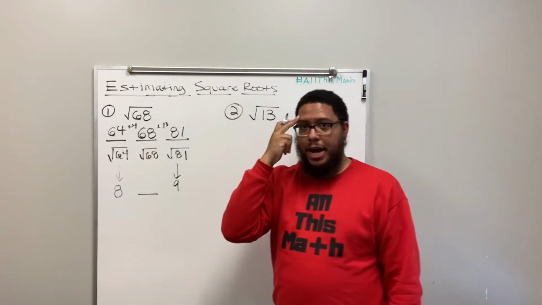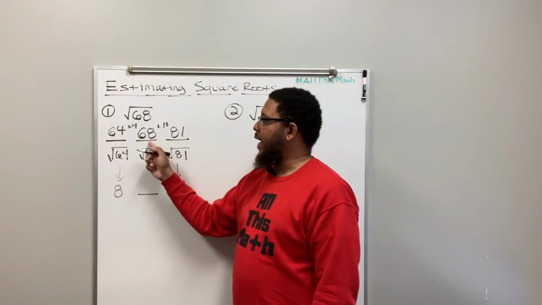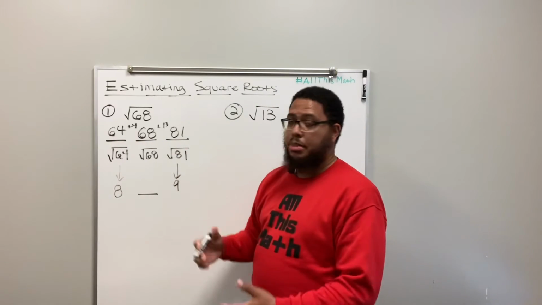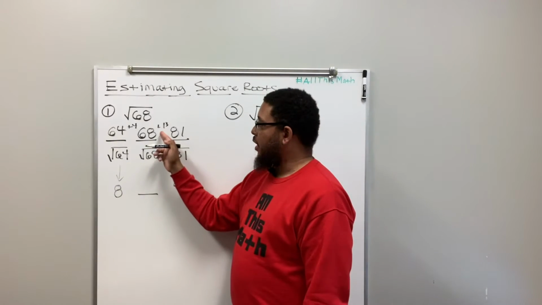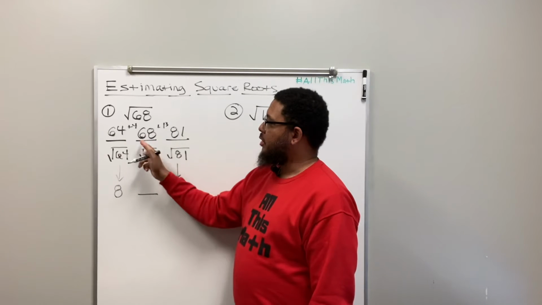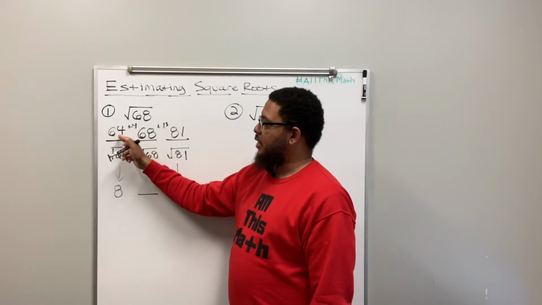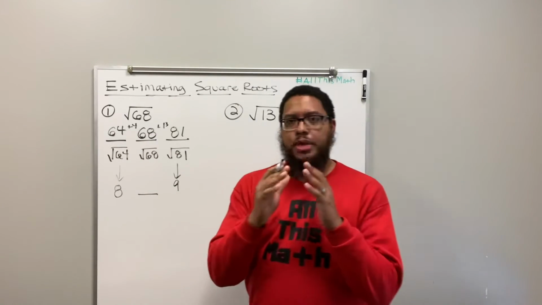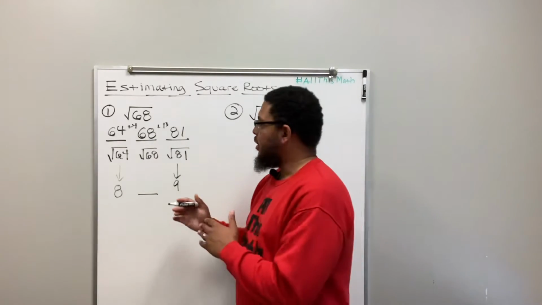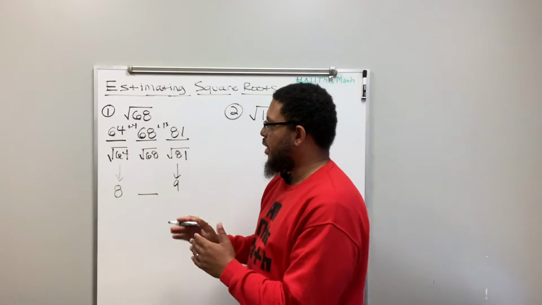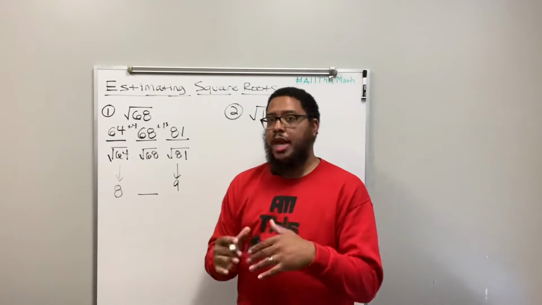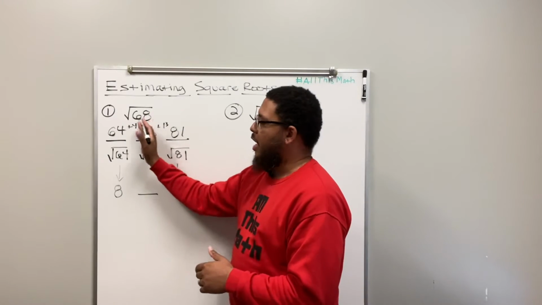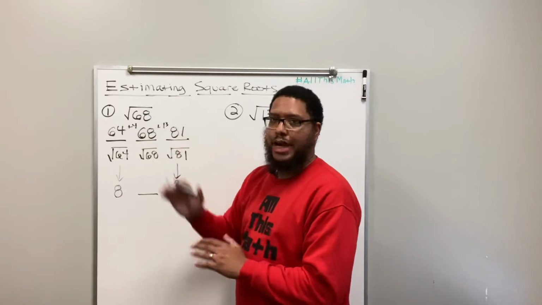So with that in mind, now we know that 68 is closer to 64 than it is to 81, because 68 plus 13 is 81, but 68 minus 4 would be 64. So 68 is closer to 64. This helps us to know that the decimal is not going to be 8.5, because it would be 8.5 if it was halfway between 64 and 81, and it's not.